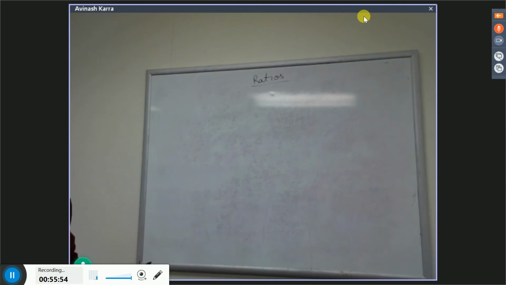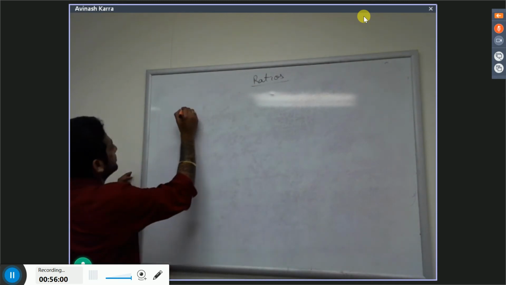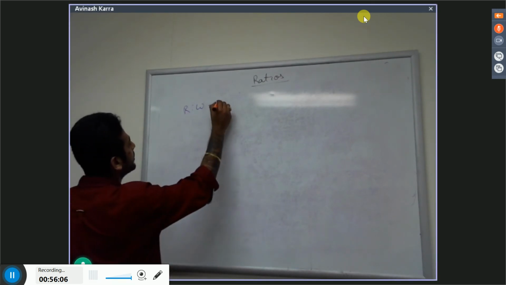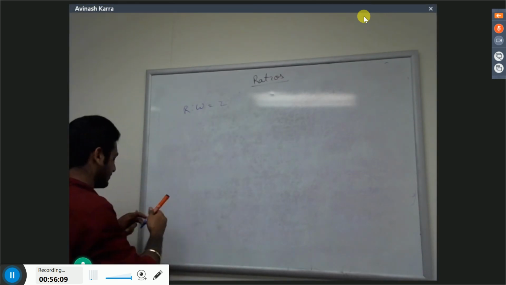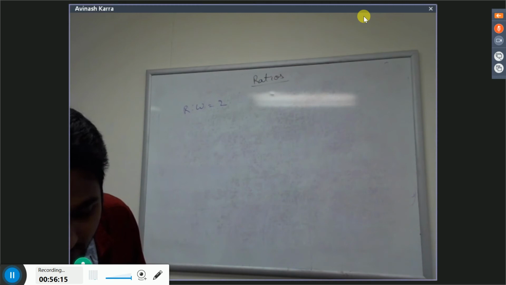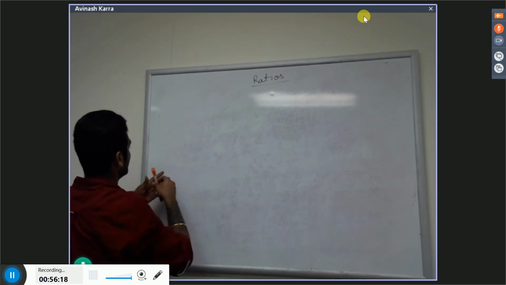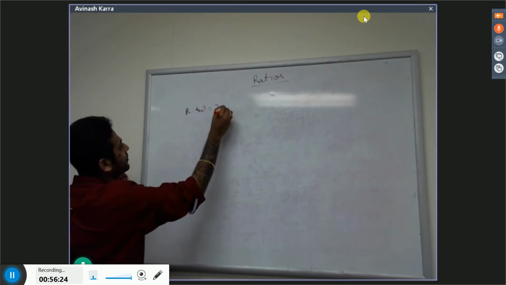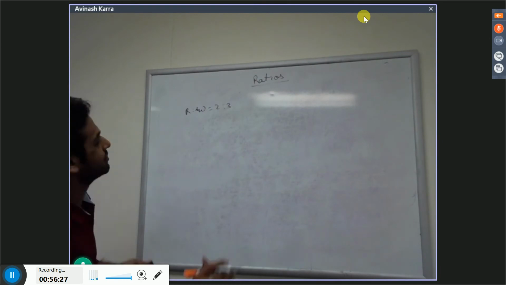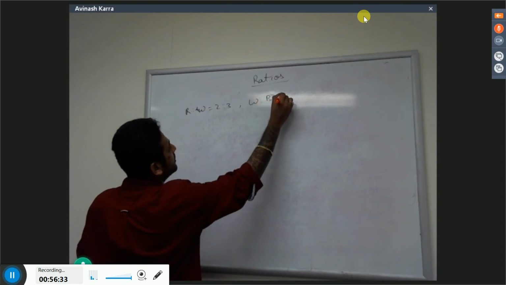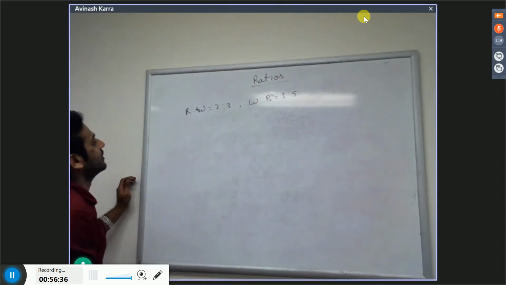Before proportion, I want to give you a small concept. If there is a ratio like this, R is to W is equal to 2 is to 3. And W is to B is equal to 3 is to 5.